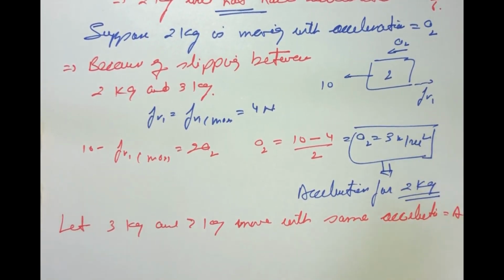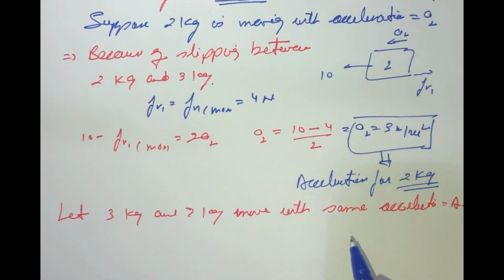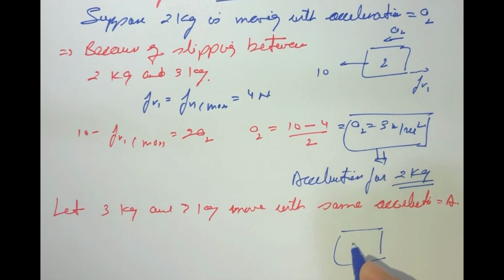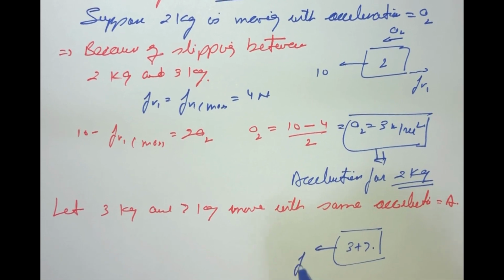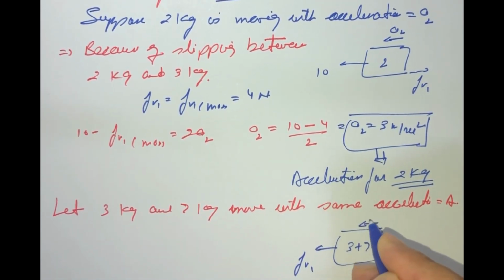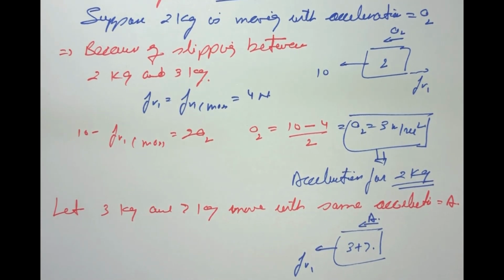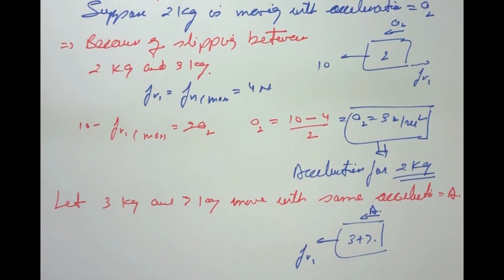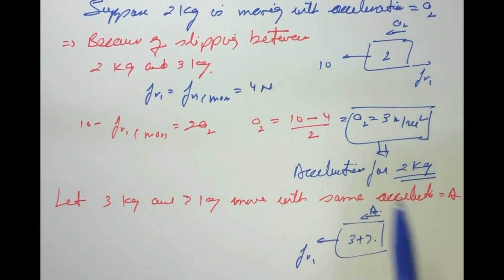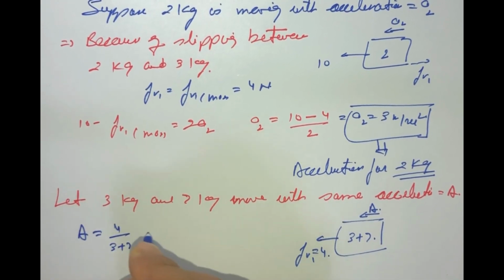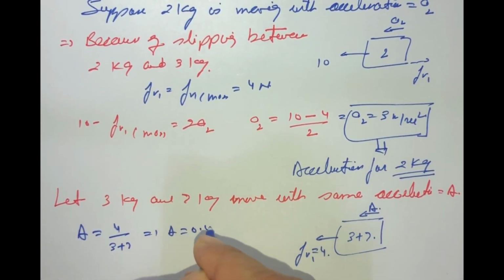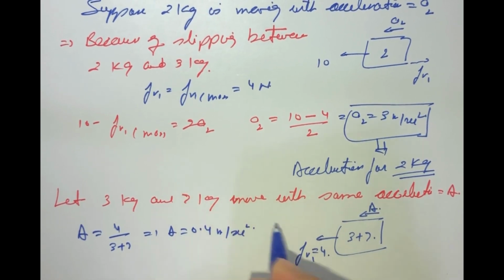Let us call this capital A. So we have this as 3 plus 7 and Fr1, and they are moving with acceleration capital A. So we can find out that Fr1 is our 4 Newton. So our acceleration A will be equal to 4 divided by 3 plus 7. So A will be equal to 0.4 meter per second square.